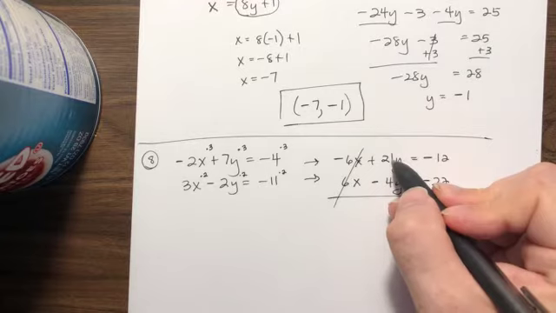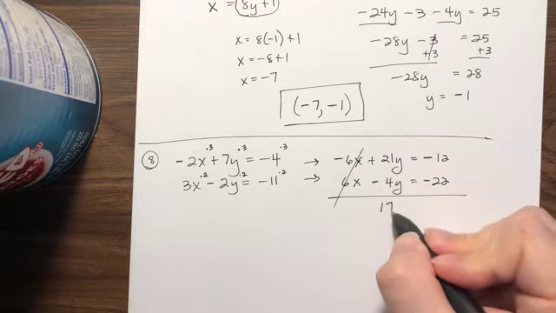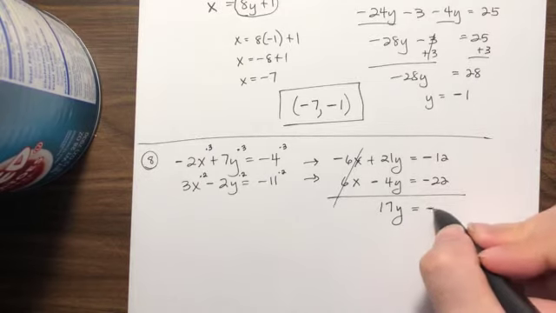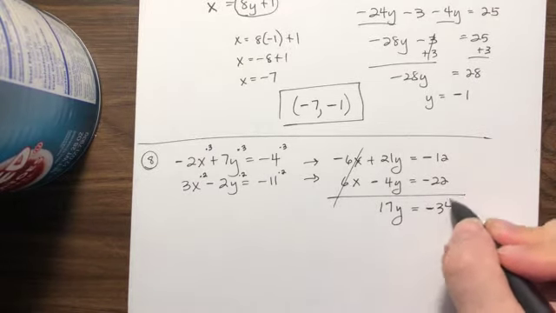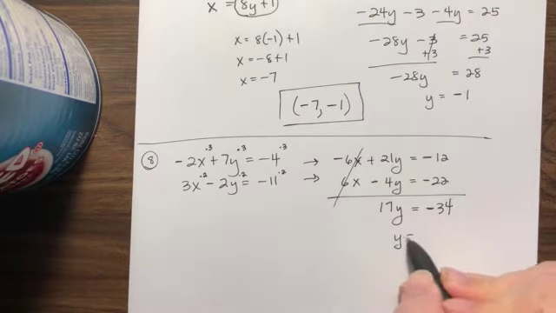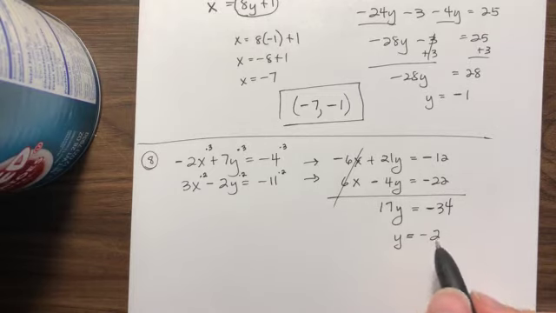That's the point. 21 minus 4 is 17y. And then these two add, because they're both negative, to give me -34. Conveniently, 17 goes into that 2 times. So the answer y equal to -2 is just one of the numbers that is my answer.